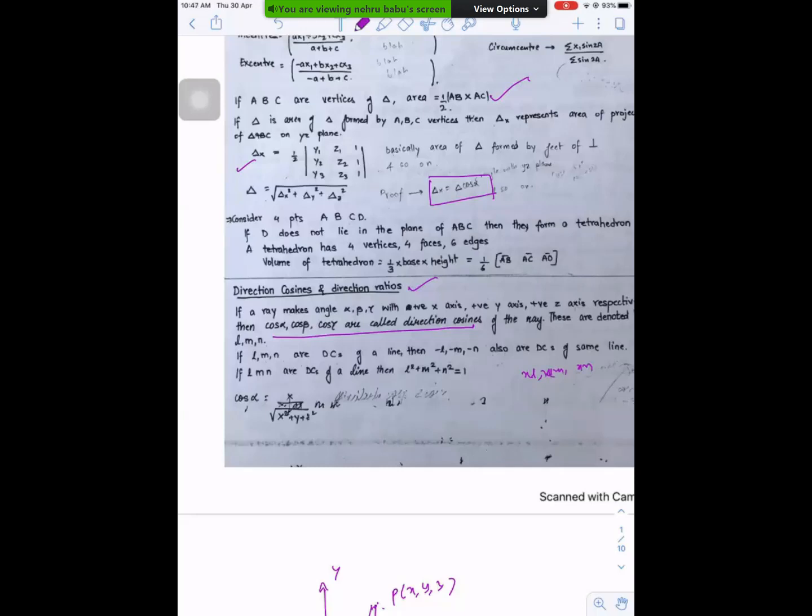Some scalar multiple of these DCs we call DRs, denoted with a, b, c. So simply, a DC represents the unit vector on that line, and a DR represents some vector on that line.